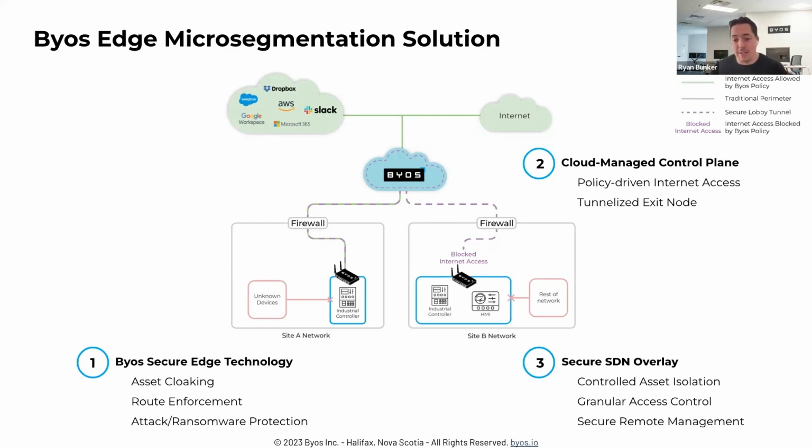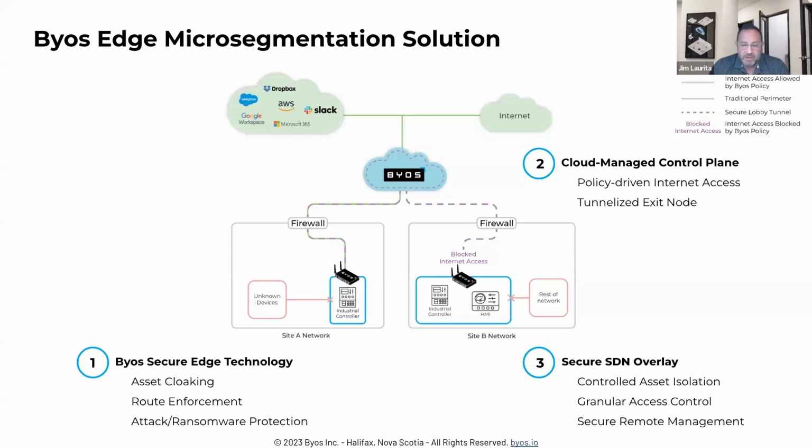So you get granular asset isolation, various different OSI layer access controls, and end-to-end remote management without ever having a packet that leaks onto the local network or onto the public internet. So it's super powerful.